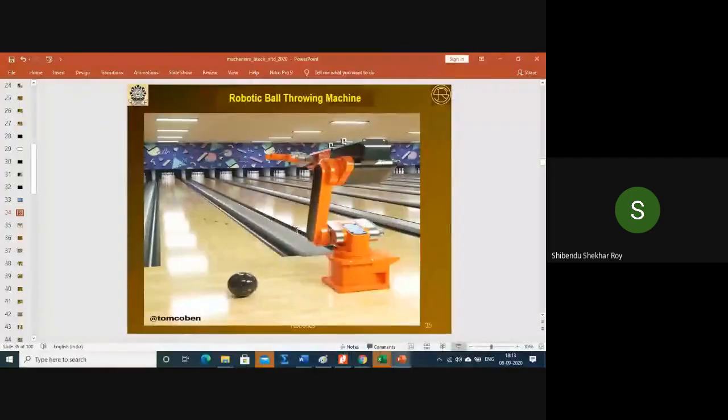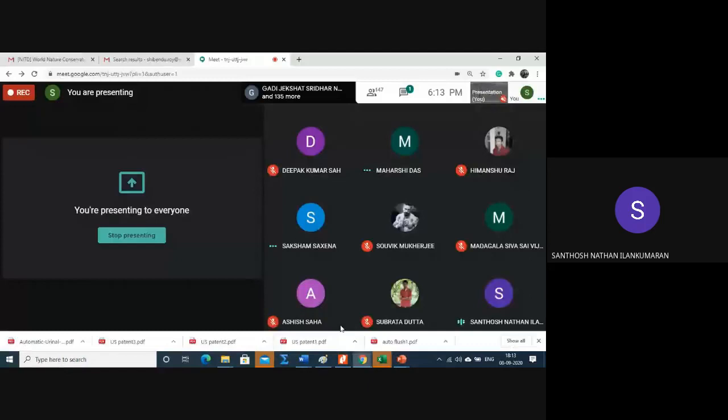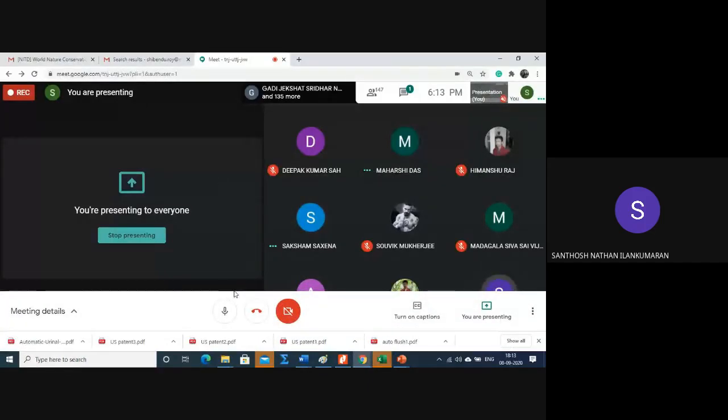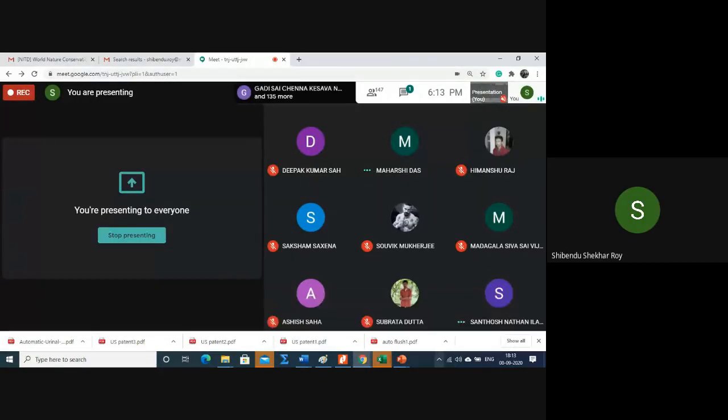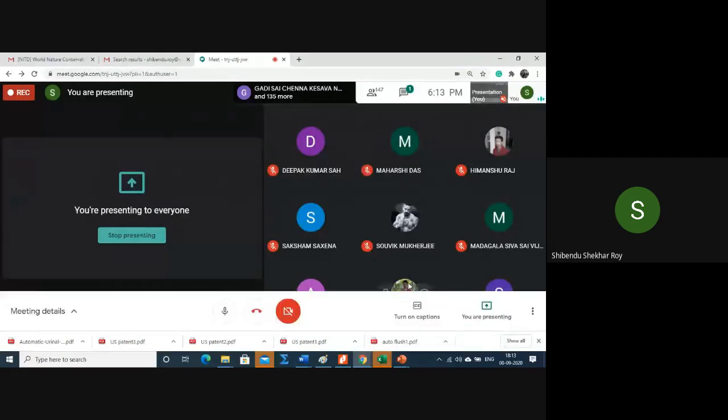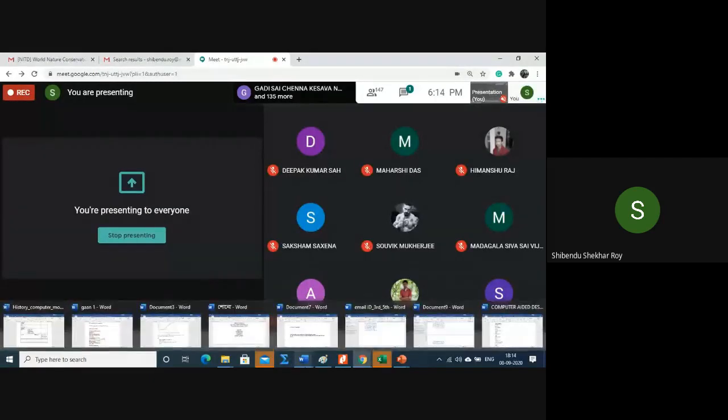Do you have any query? Sir, I didn't understand the open chain. In an open chain, I mentioned that the last link is a singular link. In a closed kinematic chain, there is no singular link. A singular link means a link connected to only one other link.